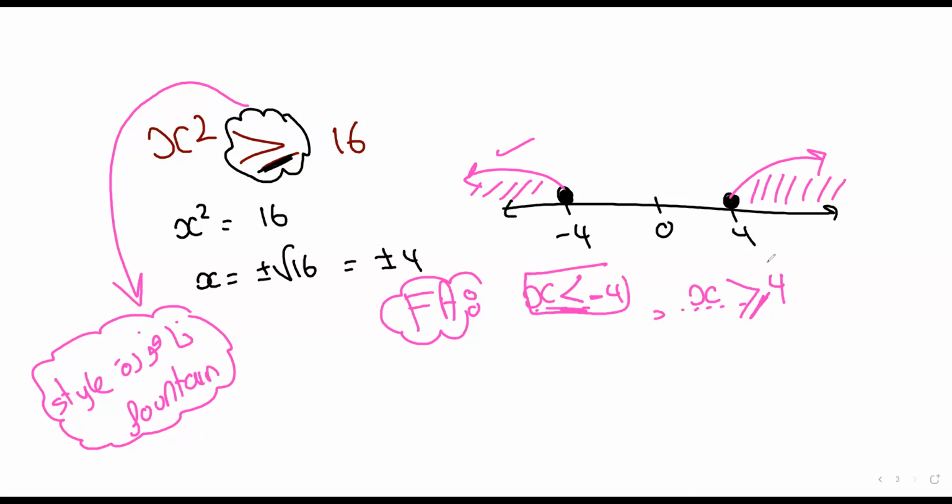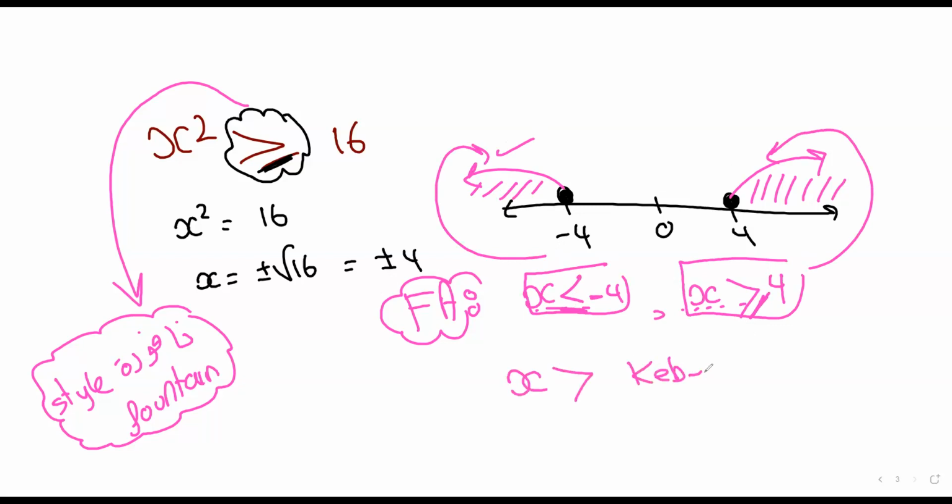So two separate arrows with two separate inequalities. x greater than the bigger value and x smaller than the smaller value.